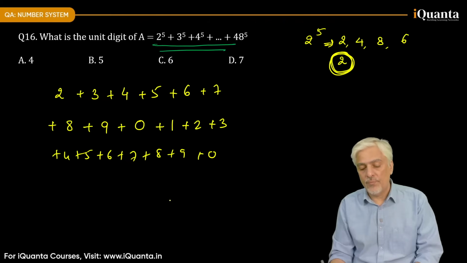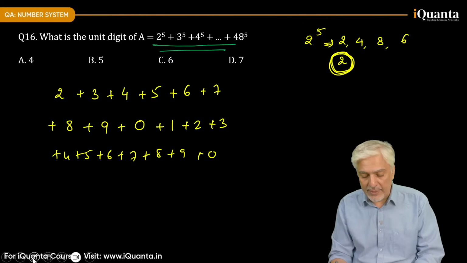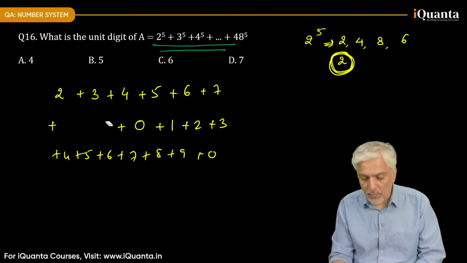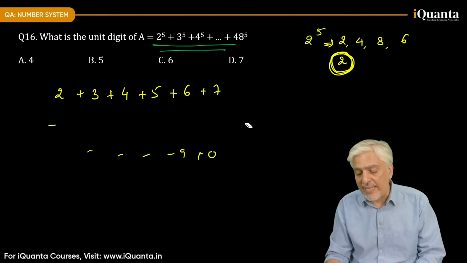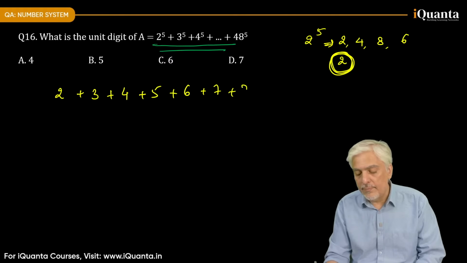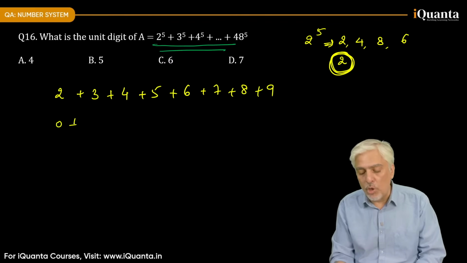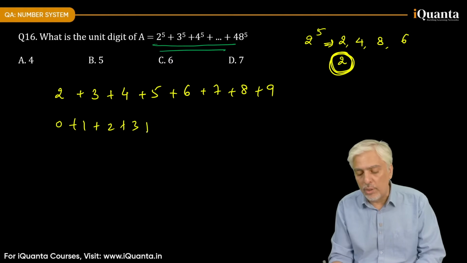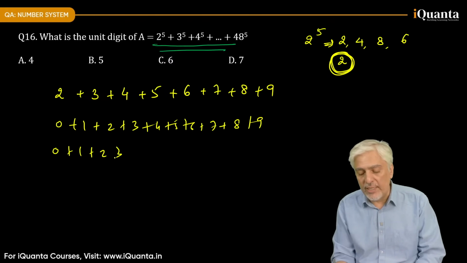Okay? So if you want, I'll write it like this. 1 minute, wait. पहला लाइन 9 तक, then 0, 1, 2, 3, 4, 5, 6, 7, 8, 9. वापस 0, 1, 2, 3, 4, whatever till 9.